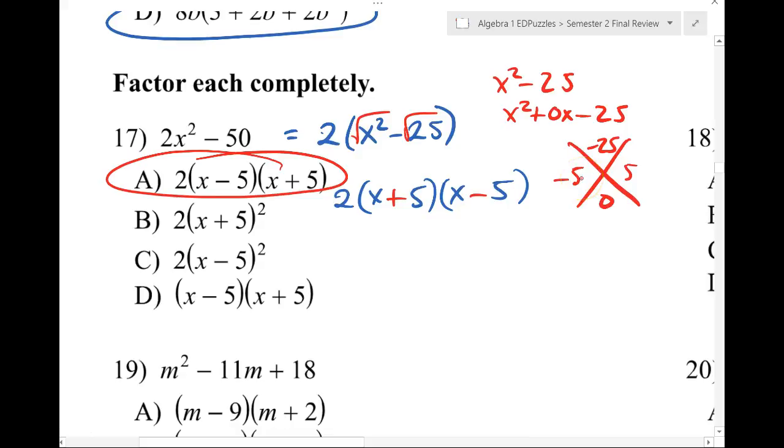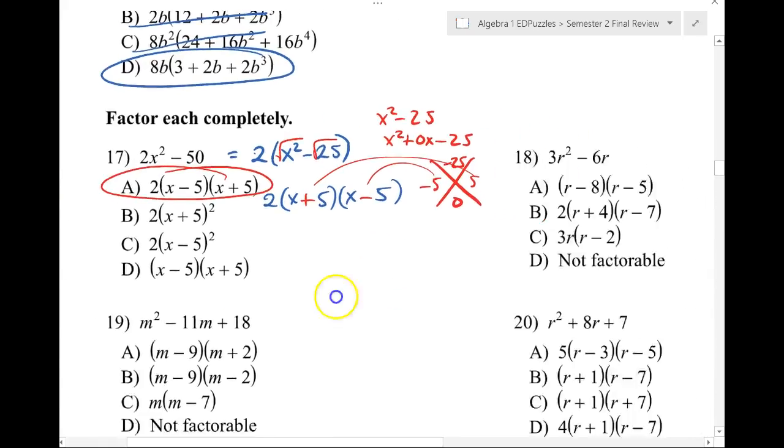So then I know that the negative 5 would tell me this factor, and the positive 5 would tell me this factor. Because again, as long as you don't have a coefficient bigger than 1 in front of the x squared, you can go straight to your binomials or your factors and put x plus 5 and x minus 5. But then don't forget the GCF that we did in the first step.